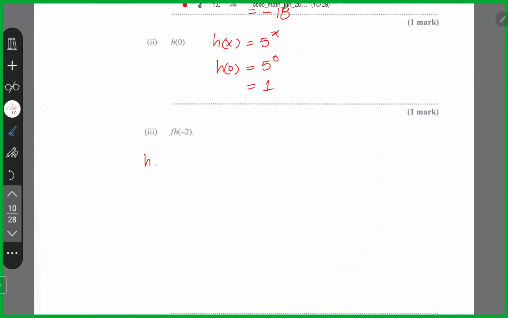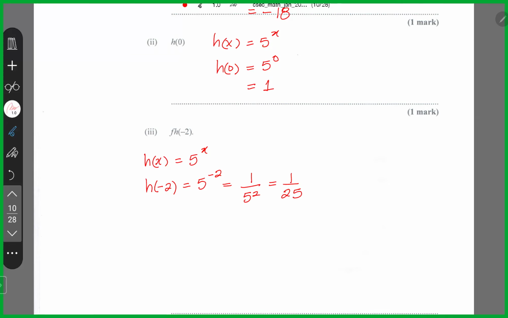Now, h of x is equal to 5 to the x. h of minus 2 is equal to 5 to the minus 2. Now, from your law of indices, this is the same as saying 1 over 5 squared, which is the same as saying 1 over 25.